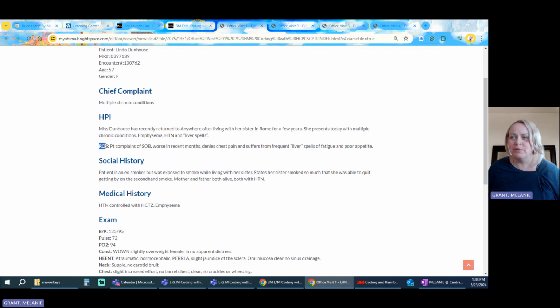An ROS, or review of systems, is also in here. So your review of systems or symptoms are going to review any conditions related to those chief complaint or history of present illness factors. So here we have, for emphysema, hypertension, and liver spells, symptoms for shortness of breath, information about that, so it's getting worse.